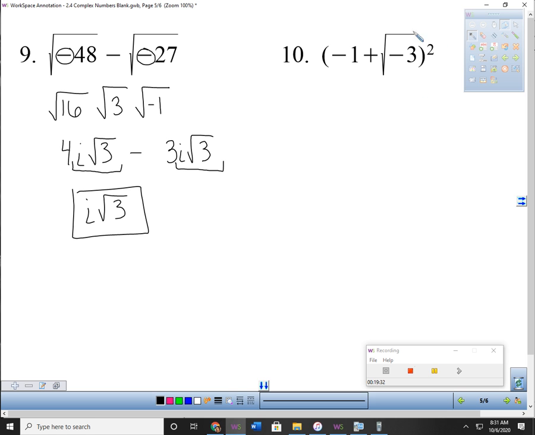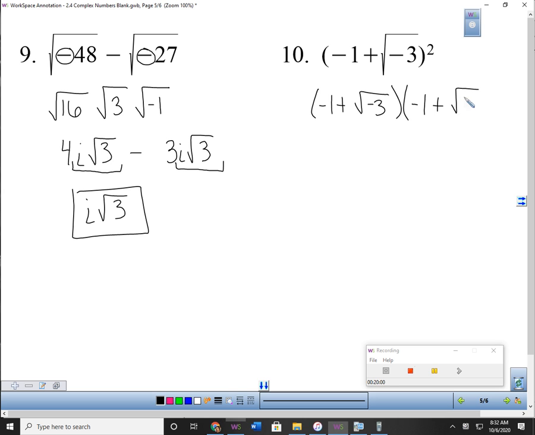All right, when I'm multiplying, because that's what this is, this is this binomial squared. So I'm going to take negative 1 plus the square root of negative 3 times negative 1 plus the square root of negative 3.